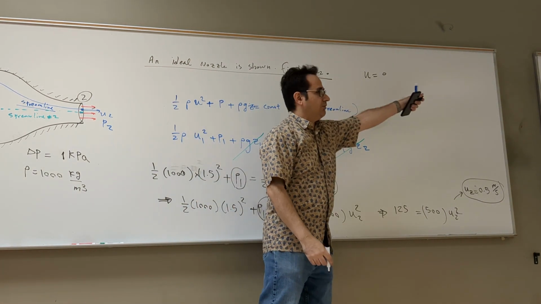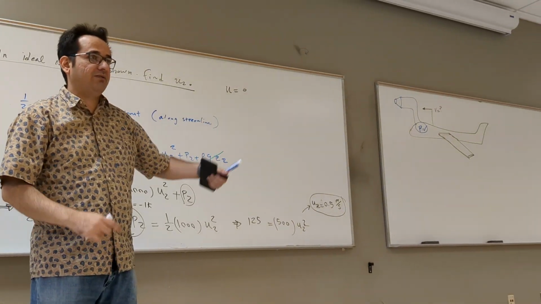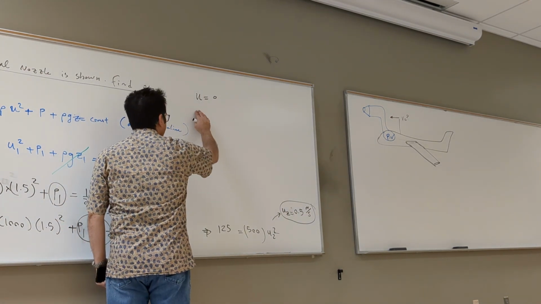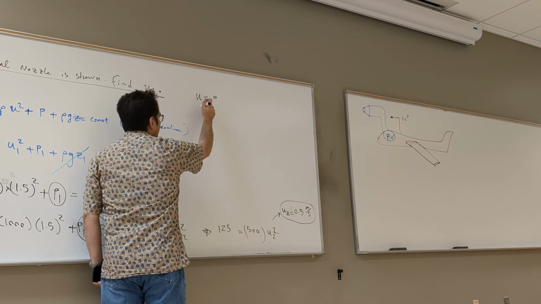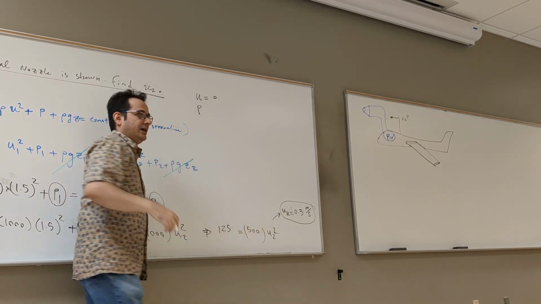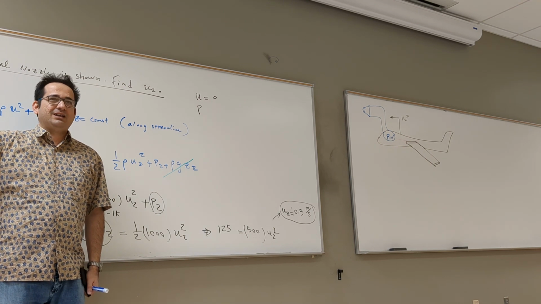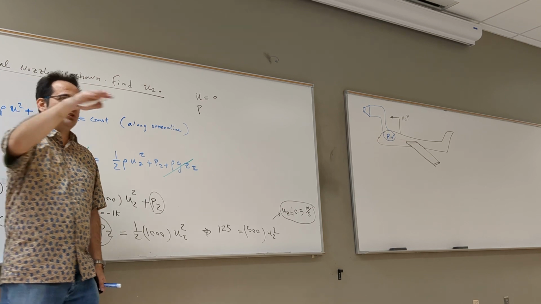There may be some wind going that way, but the speed of wind compared to the speed of the aircraft is very small, right? So you can almost say the speed here is almost 0. What about pressure at infinity? Then the question is, are you talking about at the top of a mountain or sea level? Well, usually they say sea level.